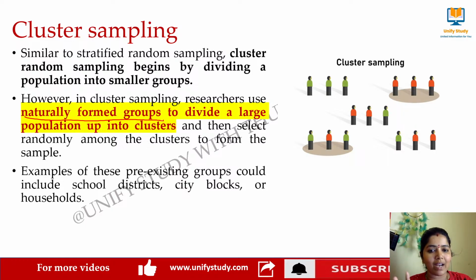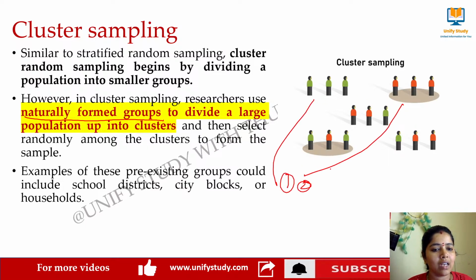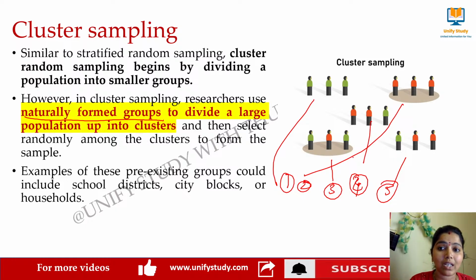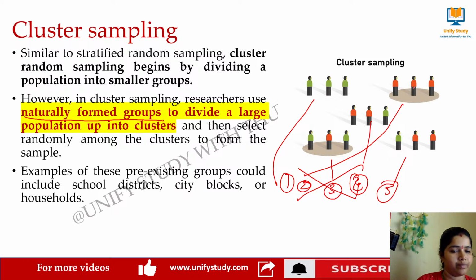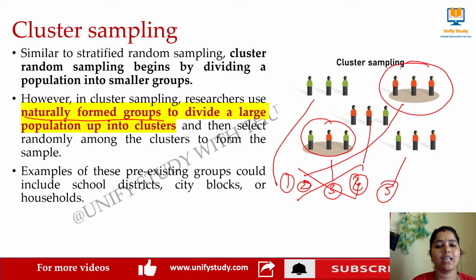They are divided into their naturally formed groups, and clusters are selected at random. In stratified sampling, one is selected from each stratum. But in cluster sampling this does not happen. They take any two or three clusters as the sample. See, here this cluster and this cluster are taken as the sample. Clear? This we call cluster sampling.